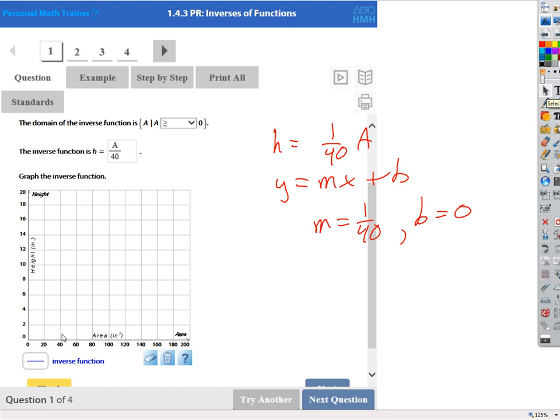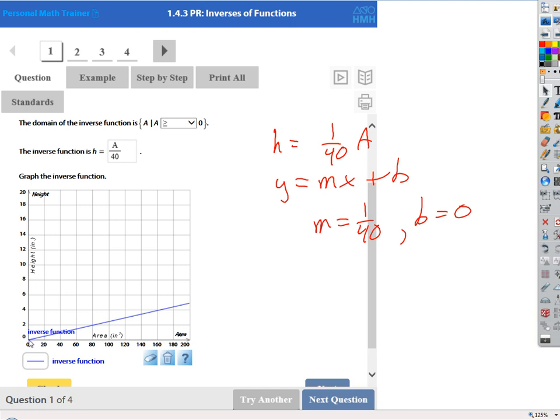So instead of 1 over 40, what's another fraction that's equal to 1 over 40? 2 over 80. I could go up 2 and over 80, right? So I could do something like that. Start there. As long as I create those 2 points, it'll extend the function out there.